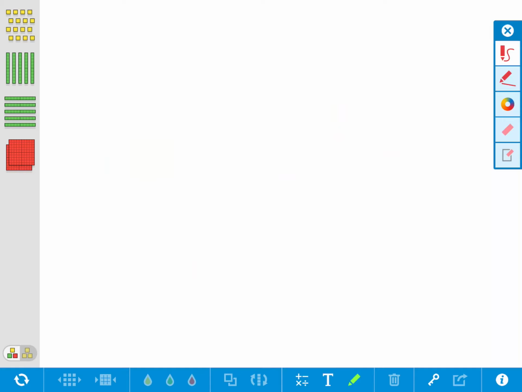So I'm going to make a new problem. Let's do 26 plus 15. See if we can solve for that. Now the first thing I'm going to do is make my numbers with place value blocks again. So I've got my number 26.